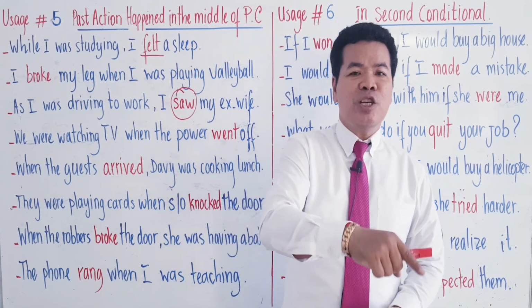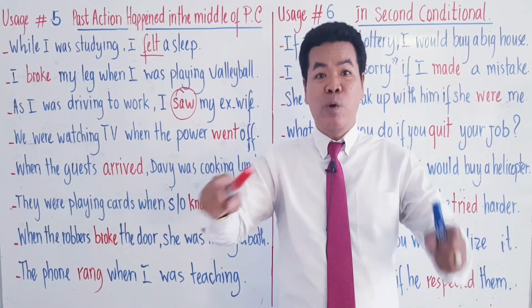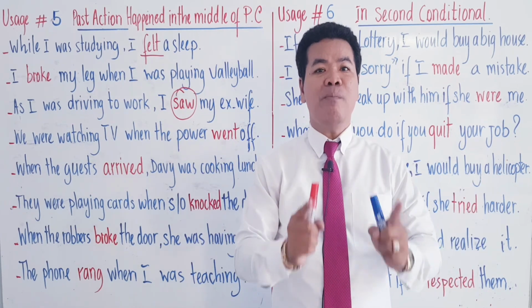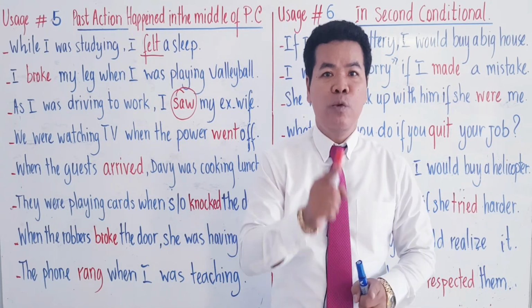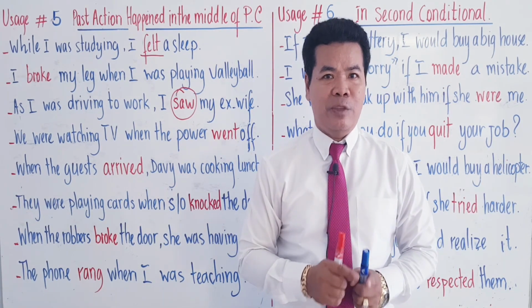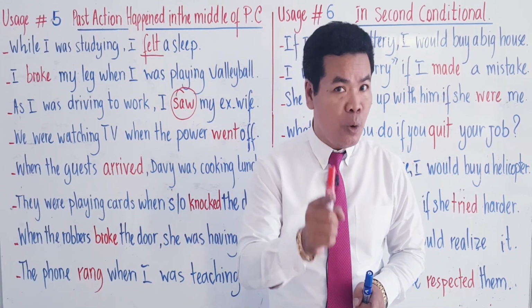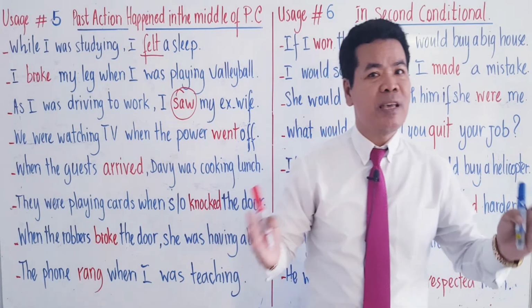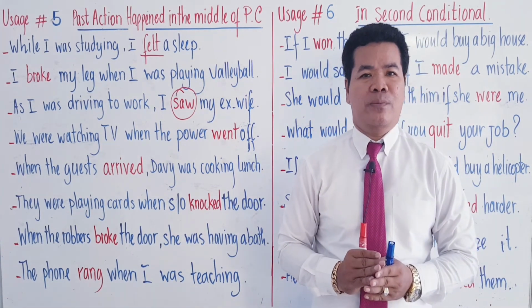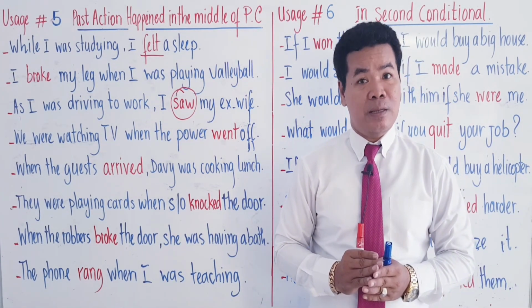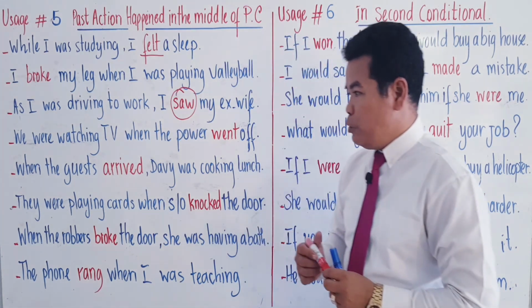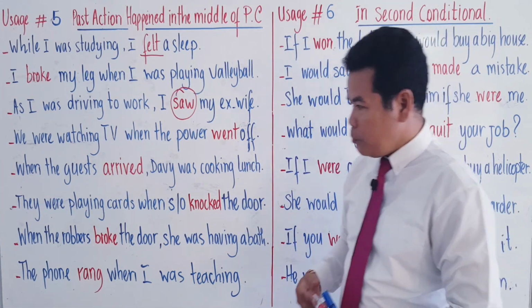So the action she was having a bath was happening, and then one more past action happened, we use past simple. That's why we have the robbers broke the door when she was having a bath. Understand? Now, let's go to the last one.